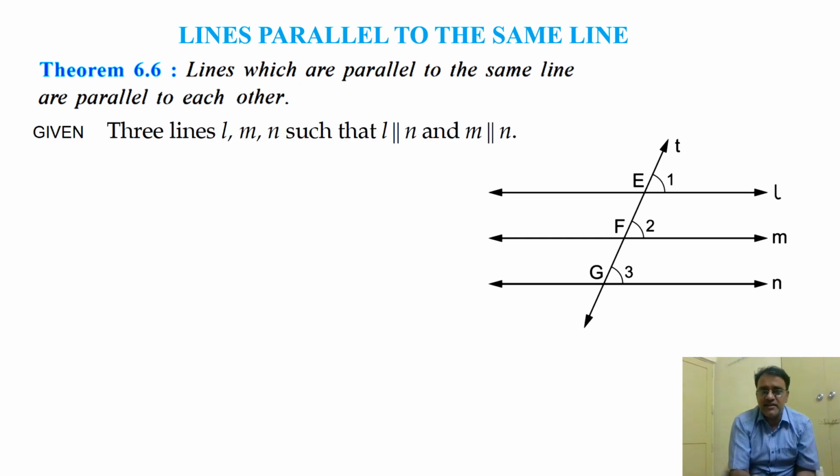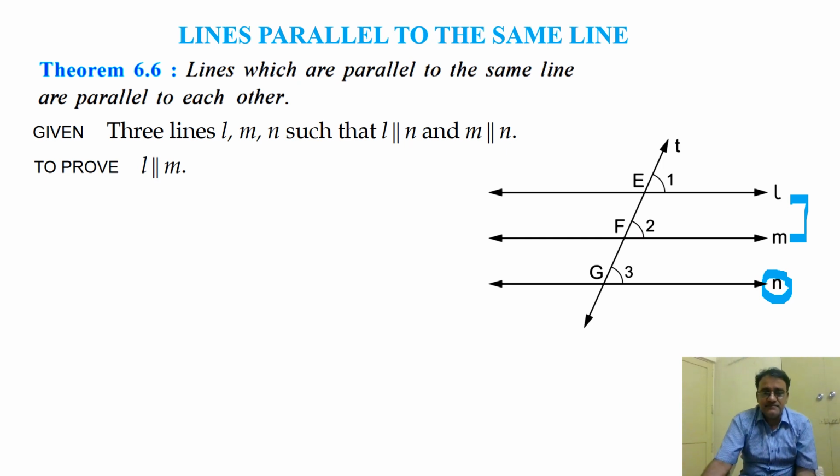So let us take L is parallel to N and M is parallel to N. So what we have to show then, इसमें कॉमन कौन सा है, N कॉमन है. So these two are parallel to each other, that we have to show. Okay, so इतना clear हो गया.